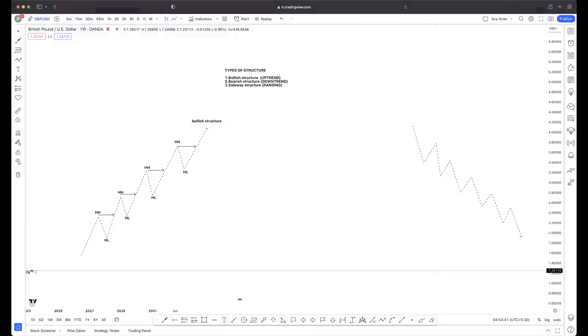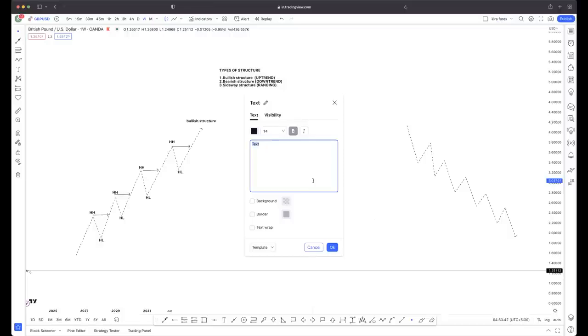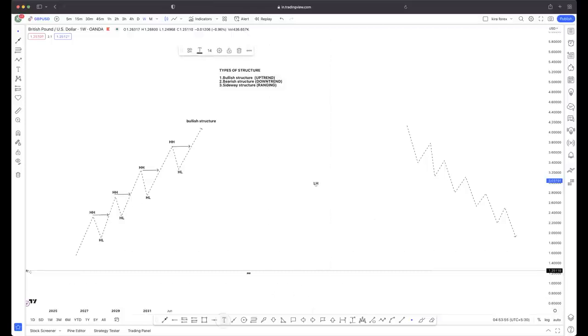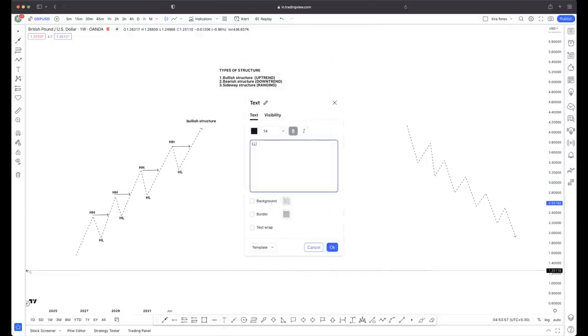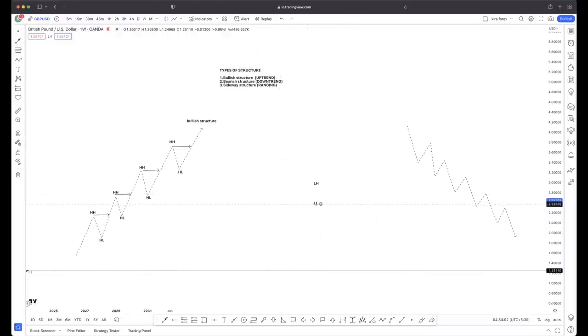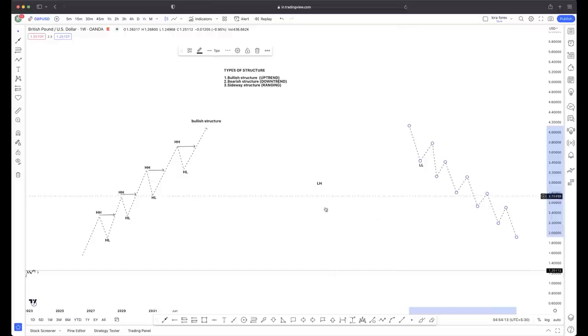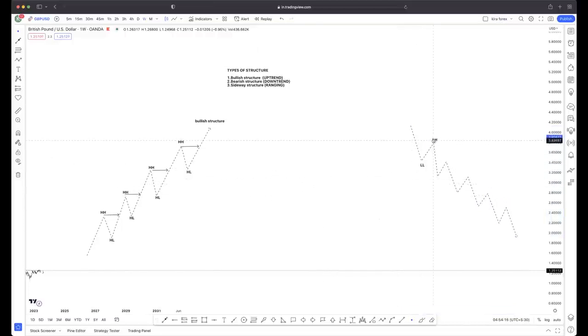Now let me type in the text for lower high and lower low. So like I said, I'll keep repeating it. Structure is the king. Structure tells you what the market is saying, or structure tells you what price is saying. If you are able to identify your structure, then you know where to enter your trade and where to exit your trades.